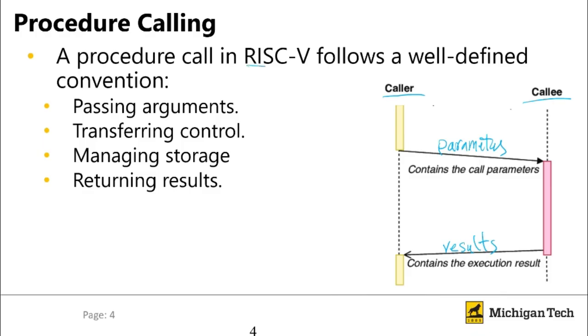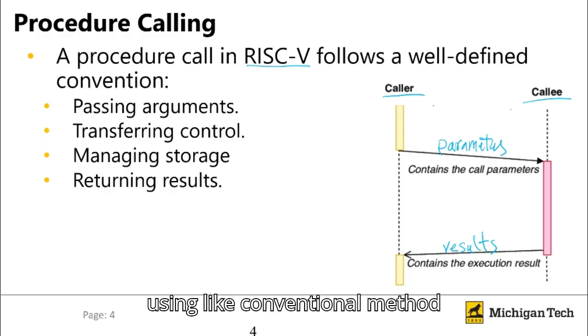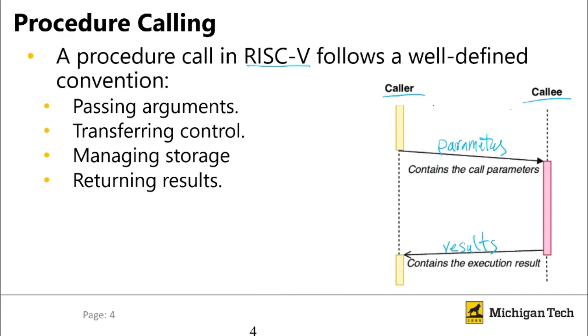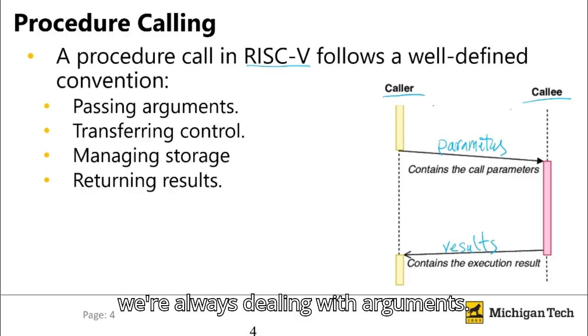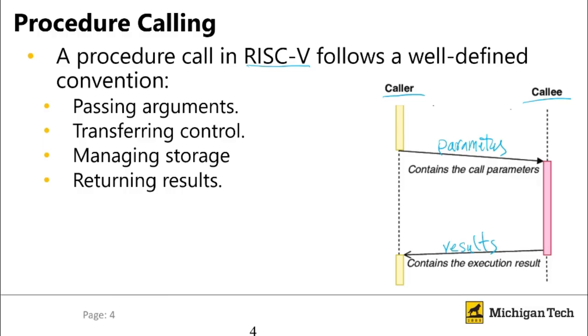In RISC-V, the architecture that we are working on, it uses a conventional method for procedure calls that needs these steps: passing arguments, we're always dealing with arguments, and transferring control.